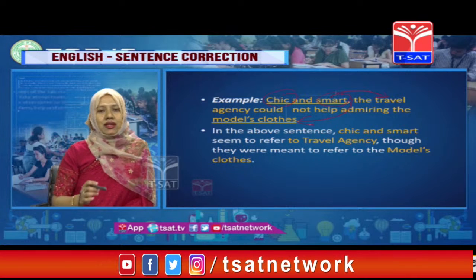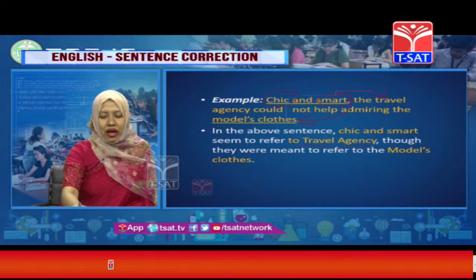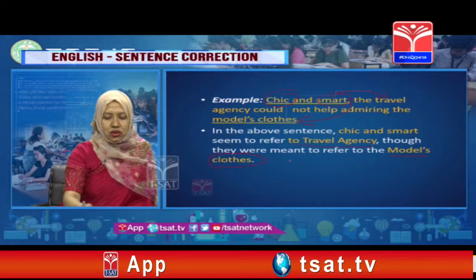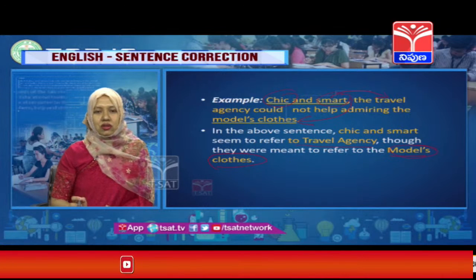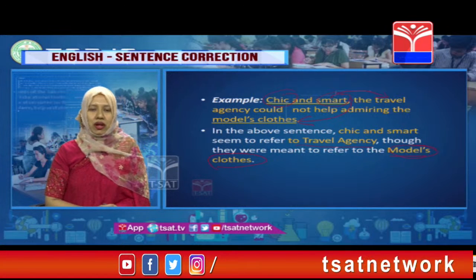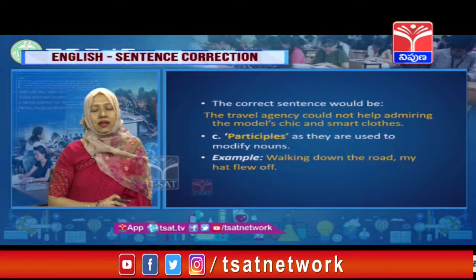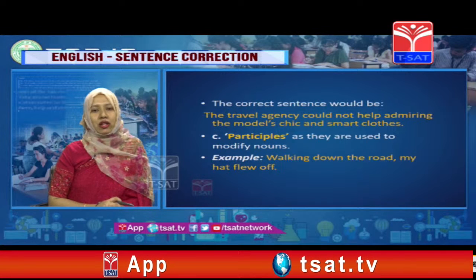So in the above sentence, chic and smart seems to refer to travel agency, but it refers to model's clothes. We are talking about the clothes which models wear. They are very chic and smart. So the correct sentence would be: the travel agency could not help admiring the model's chic and smart clothes.